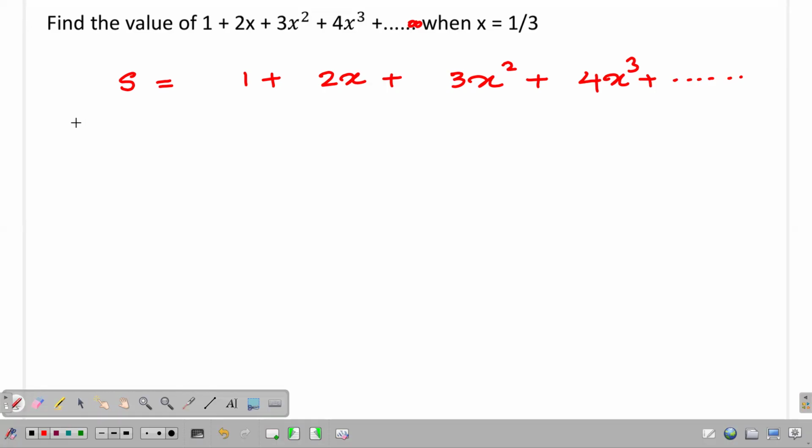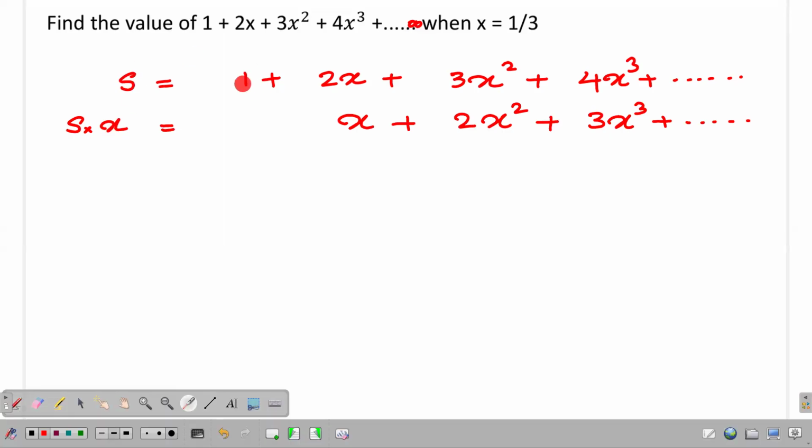So can I not say that S times x is equal to x plus 2x square plus 3x cube plus etc. I didn't do much. I just multiplied this with x.